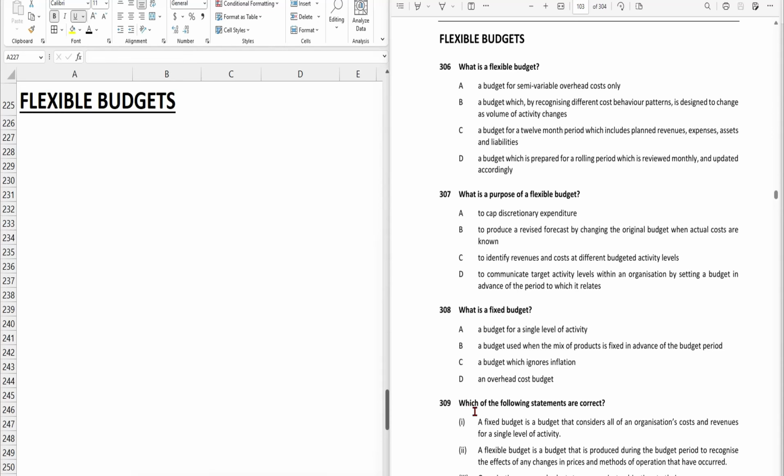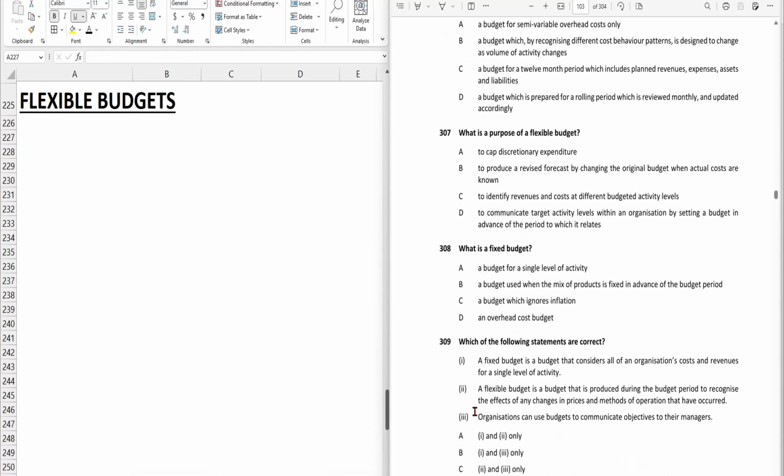Now 307, what is the purpose of a flexible budget? Here the question is asking about the purpose of the flexible budget. The first one says to cap discretionary expenditure. Do you think this is the purpose of the flexible budget?